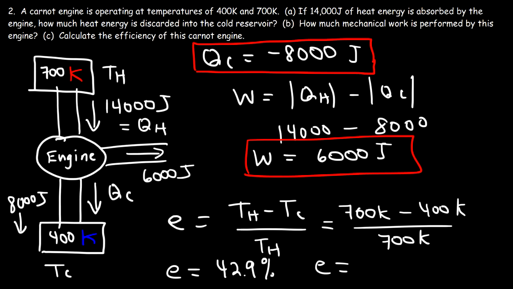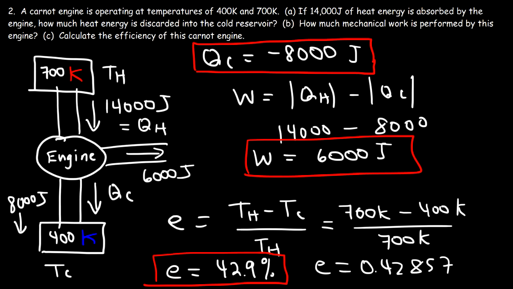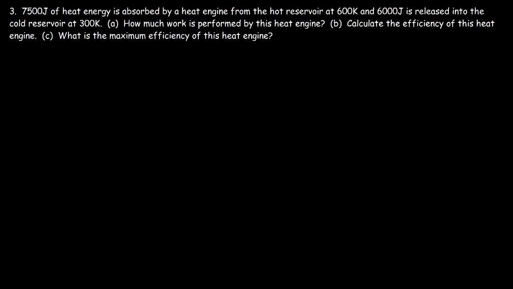As a decimal, it's 0.429, or 0.42857 if you want a more exact answer. You just need to take this value, multiply by 100, and then you get this rounded answer of 42.9%. That's the maximum efficiency of this particular heat engine.